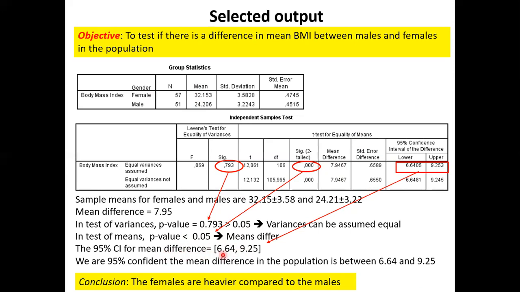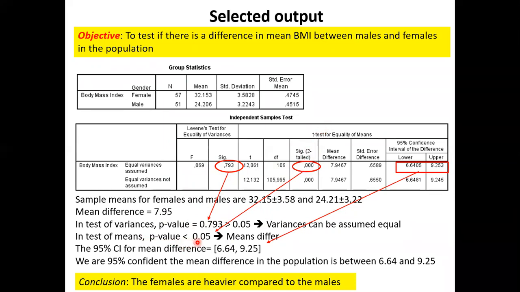For the confidence interval, you don't have to add anything. Just take the values and put them down. My objective is whether the mean BMI between male and female is equal. Those are my sample values and that's the mean difference. The p-value for the test of equality of variance is more than 0.05, so I can use the first row for the p-value for the mean difference.